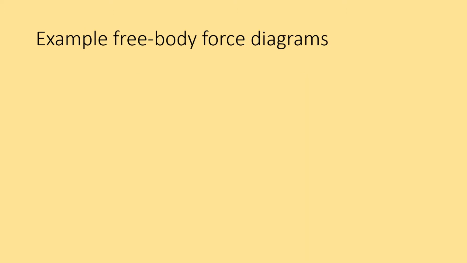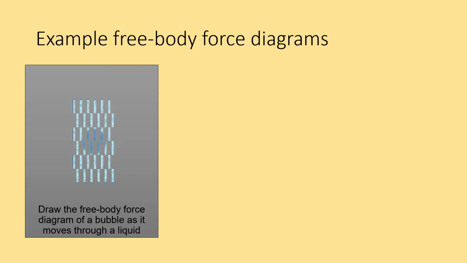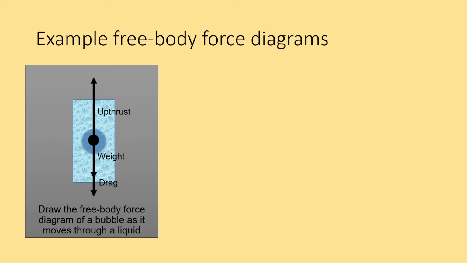Okay, there are many situations where we can use free body force diagrams. And here's just a few examples. The first one, if we think about the free body force diagram of a bubble as it moves through a liquid, we have the bubble of air trapped in a liquid. Here's our bubble of air. It's going to have some sort of upthrust.